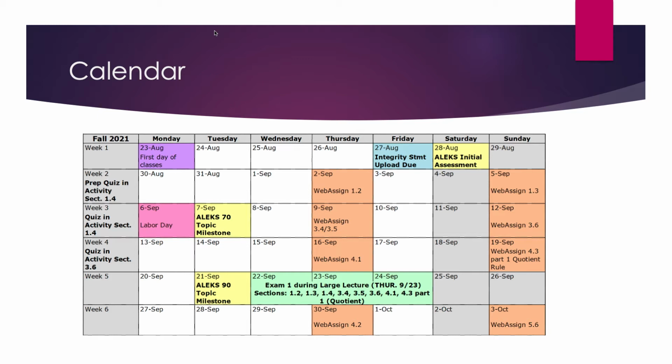You'll notice week 5 and 6 don't list quizzes, but if you read across row week 5, in green, it lets you know that you will be taking your exam in lecture, not activity, that week, and which sections are on your exam. If you look at the far right column, Sunday, and also Thursday, in tan or whatever color that is, that's when your online homework is due. And as you can see, there's a few other assignments or holidays listed. Again, the full calendar is available in Beachboard.